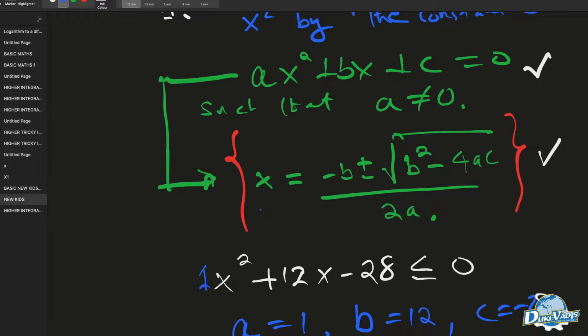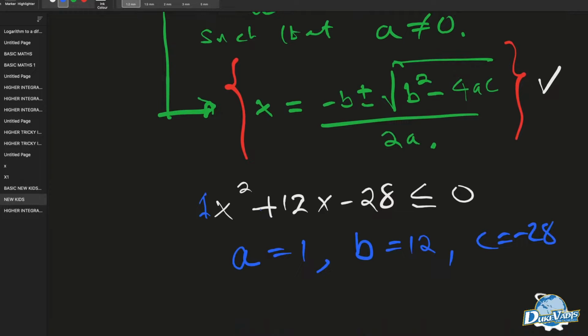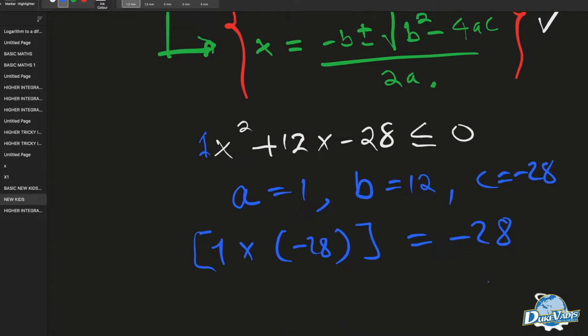But in the meantime, when we multiply the coefficient of x squared by the constant, we get negative 28. So we multiply 1 by negative 28 over here. Our value we get is negative 28. And therefore, we look for factors.